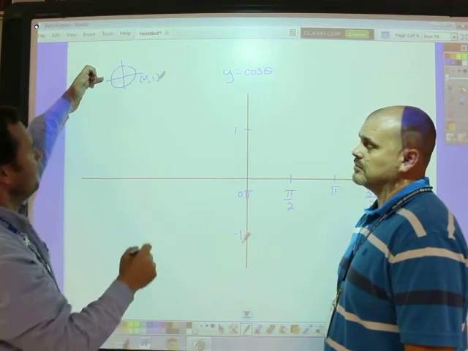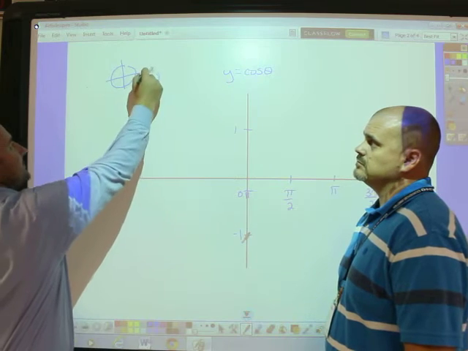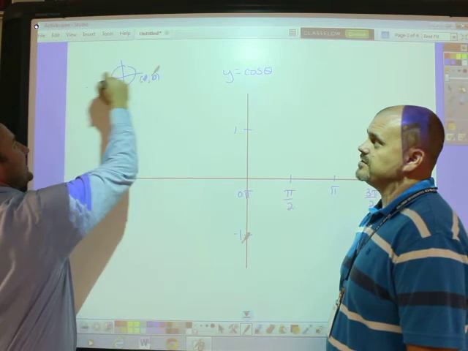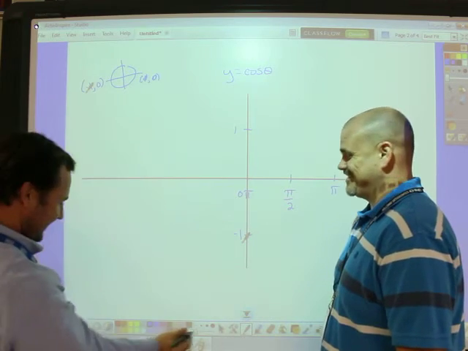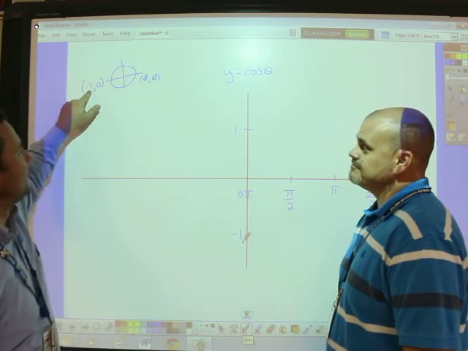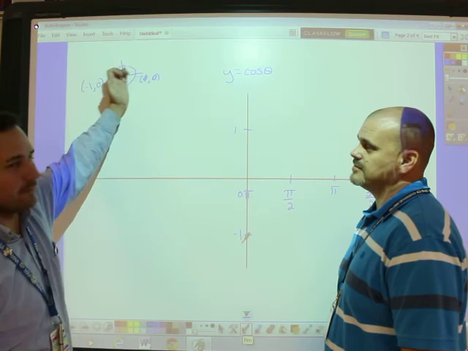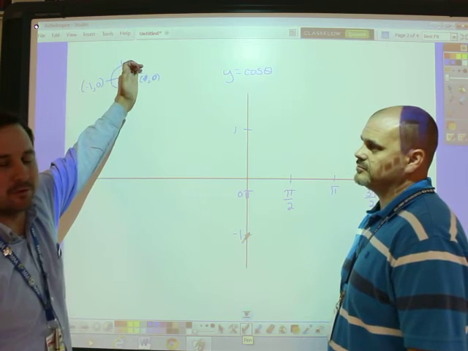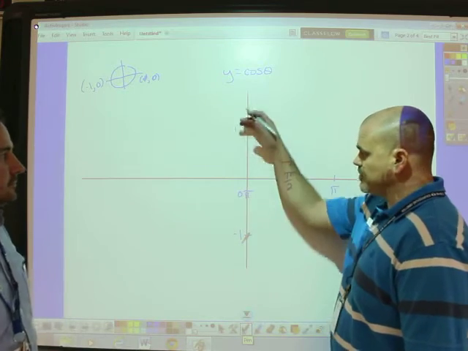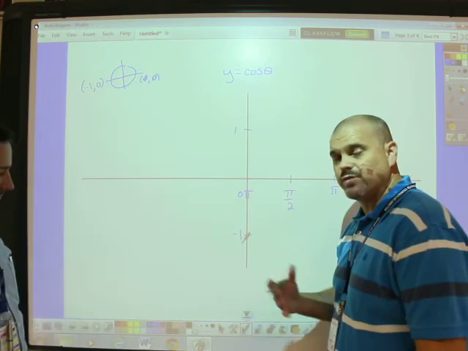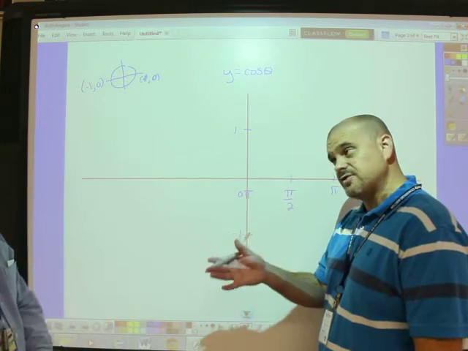And the farthest left it goes is negative 1. So that radius of 1 prevents it from going any further right than 1 or further left than negative 1. So those are our max values. We don't get any larger than that unless we do transformations.